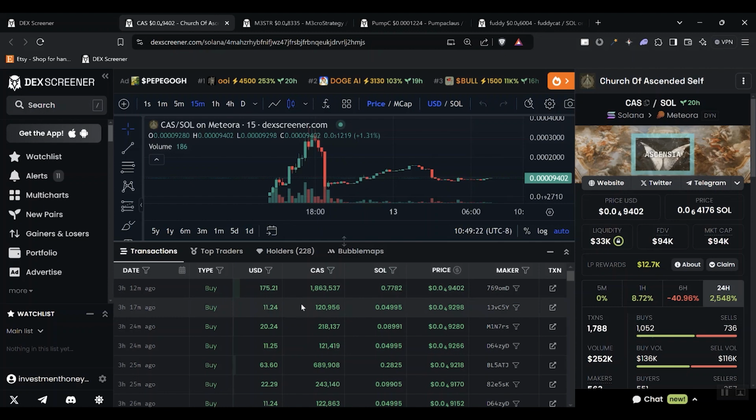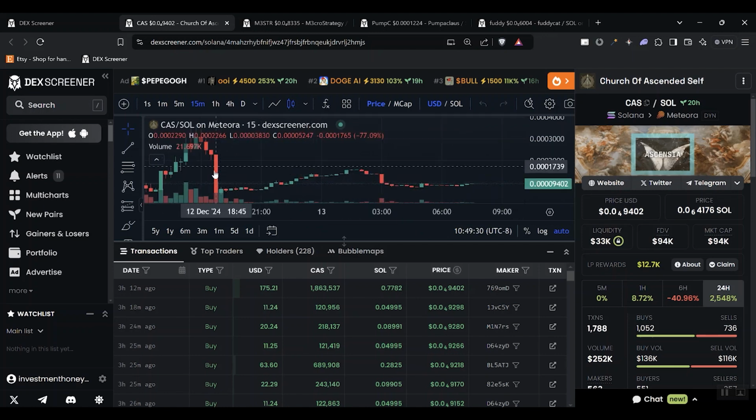Okay, so looking at this one, this is interesting because we see that we've got the uptick on the launch, and then we see heavy retracement here. We saw a chart like this yesterday where there was big time retracement, and it went ahead and recovered from there.